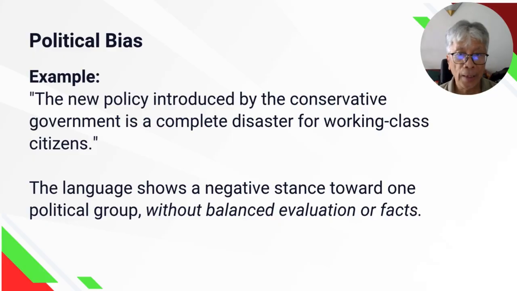If you look at the language, that shows a negative stance toward one political group without balance, evaluation, or facts. When that sentence stands alone like that, it shows a negative stance. So that's an example of political bias.